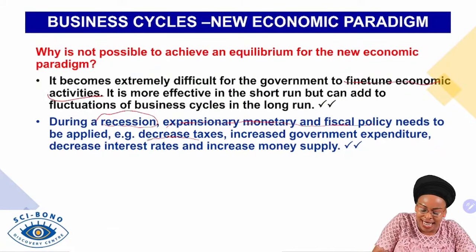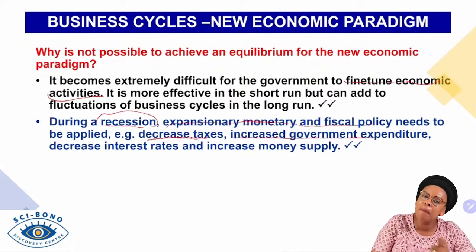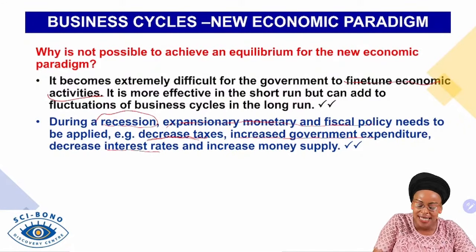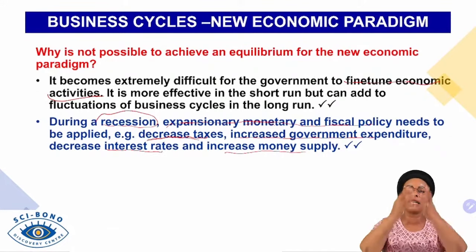That's when the government can decrease tax, the government can increase spending. Monetary policy, Reserve Bank can decrease interest rates and increase supply of money so that there's more money circulating for spending.